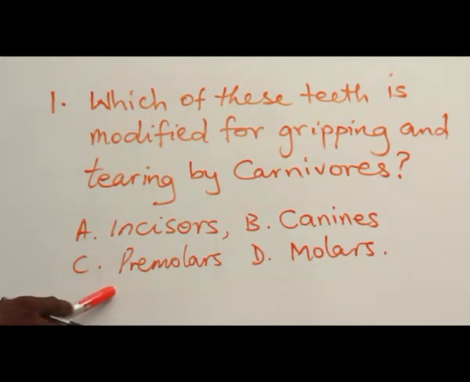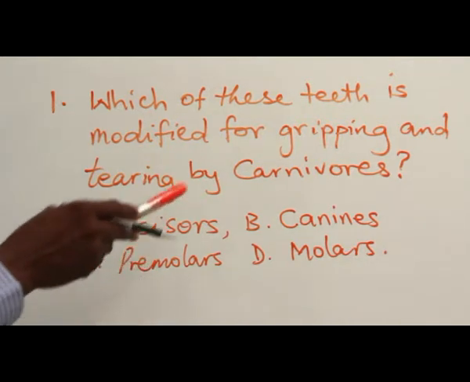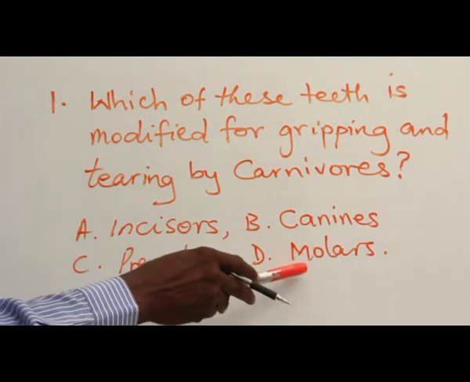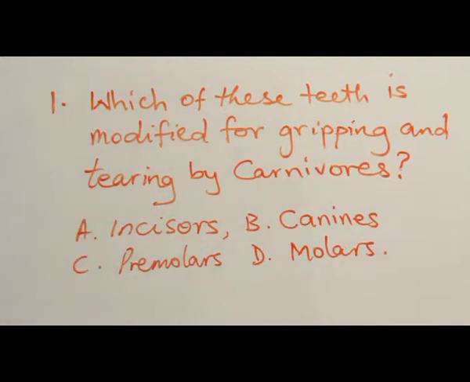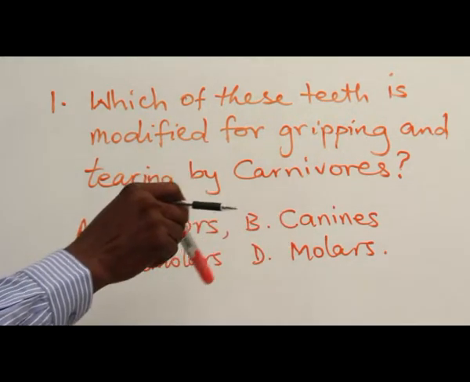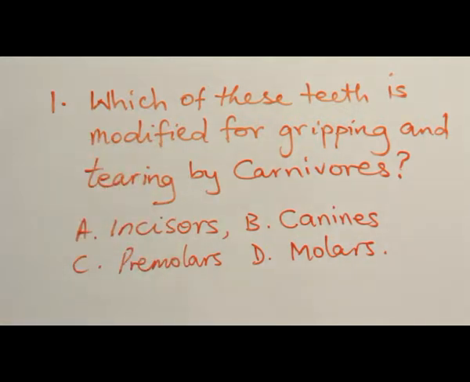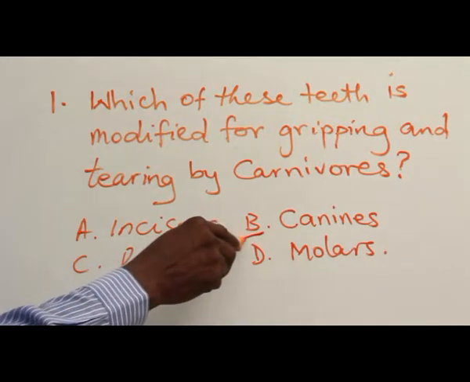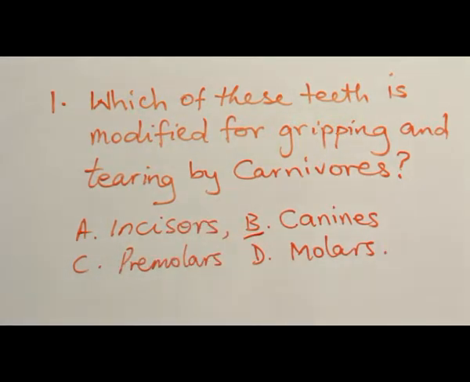Premolar is for cutting and swallowing. So also the molars, as far as carnivore is concerned. But it uses the canine to grip and tear the meat from the bone. So the answer to question 1 is B, the canine. The canines are modified for gripping and tearing.